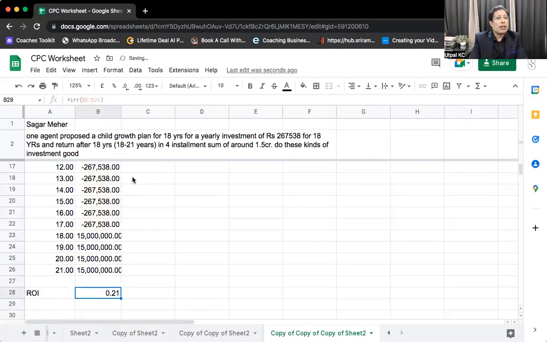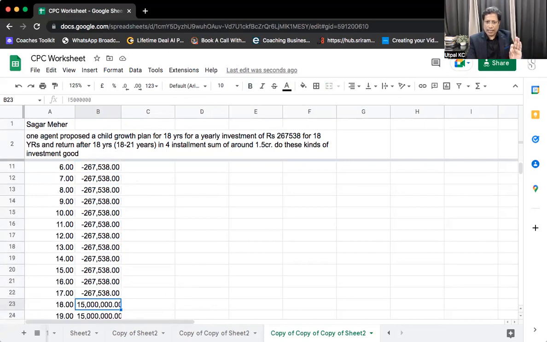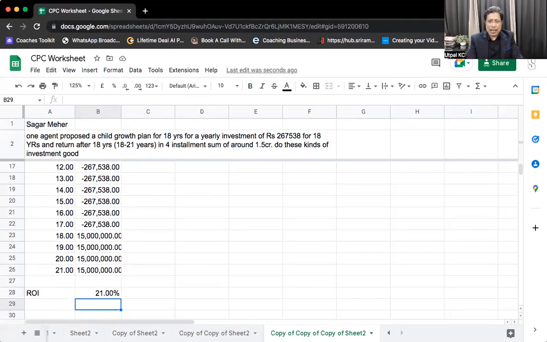It's a huge return. If you are 100% sure this is how it is, this is a huge return. Every individual should go for this. Are you sure these are the cash flows? 100% sure, there is no hanky panky? If it is exactly like this, you should invest much more, not only 2,67,000.